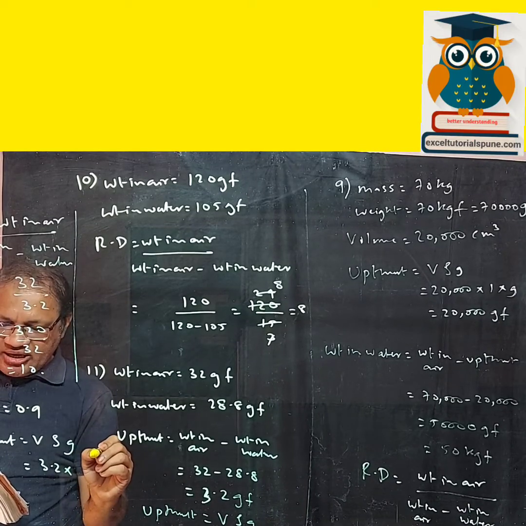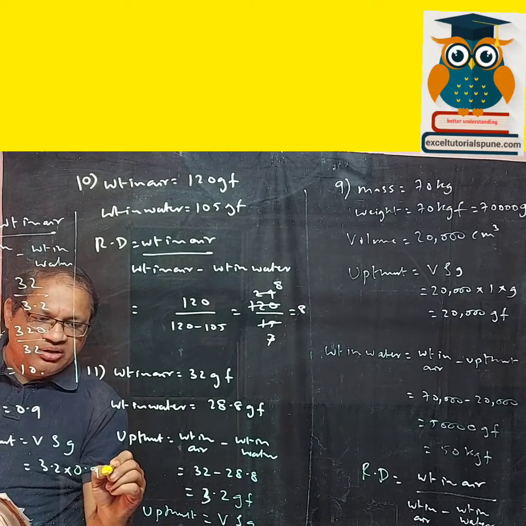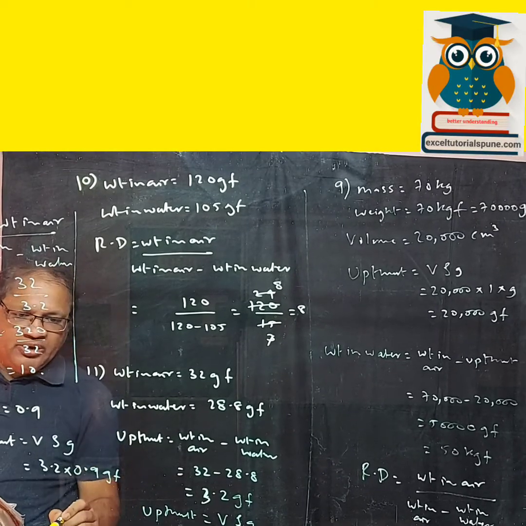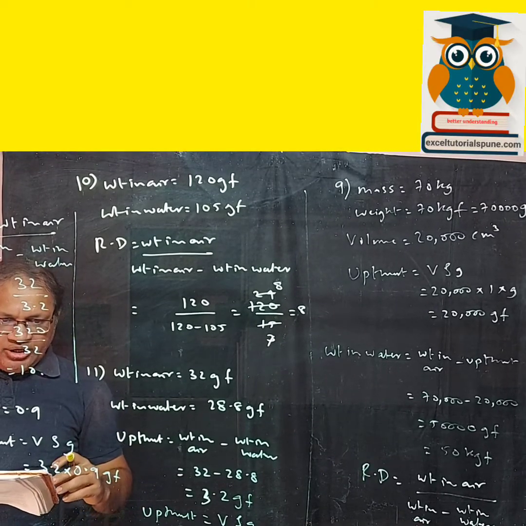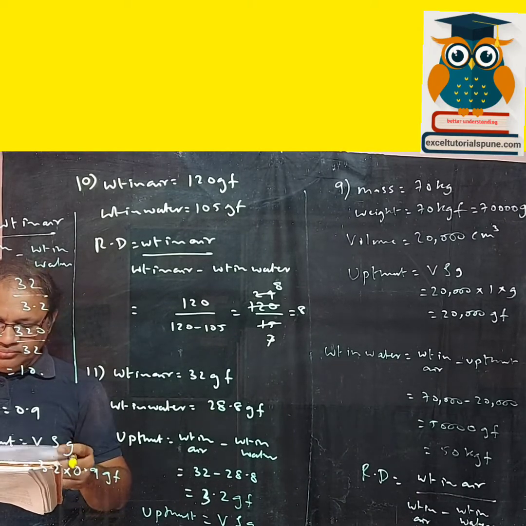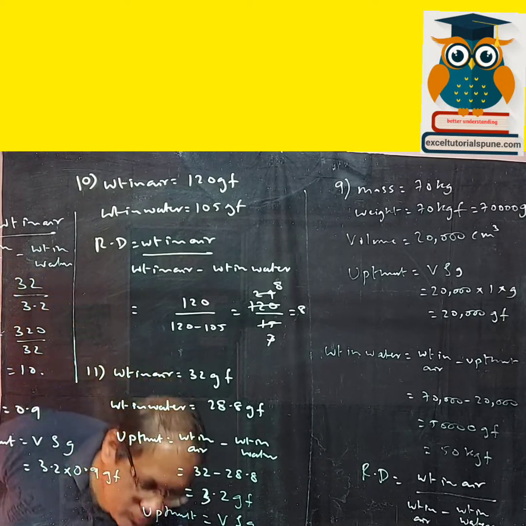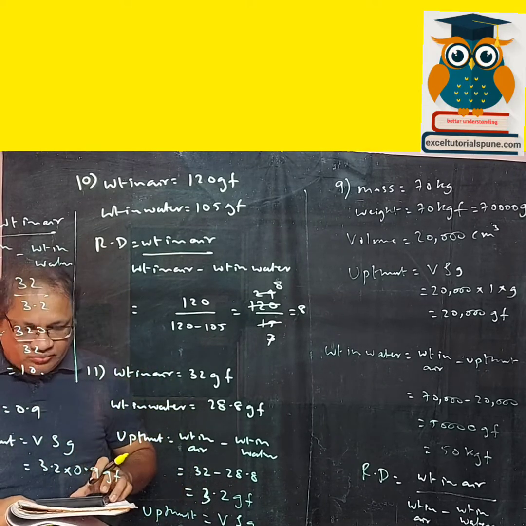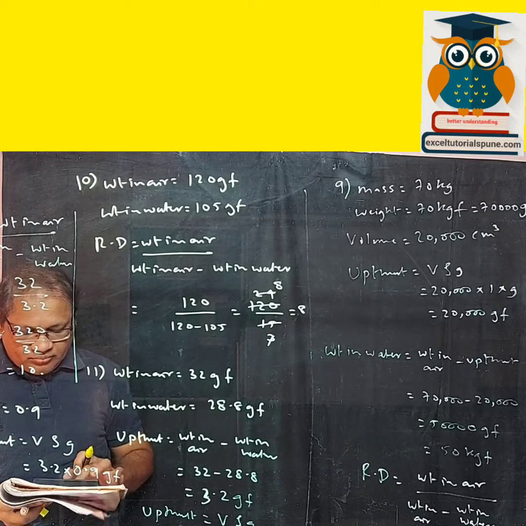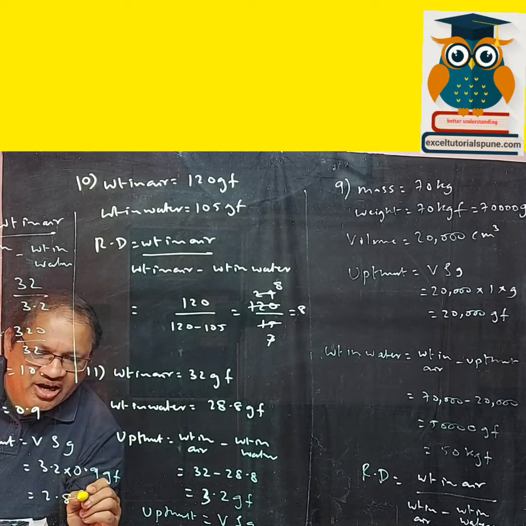Density we have to take of the liquid, that is 0.9 gf. Okay, so 3.2 into 0.9 is 2.88.